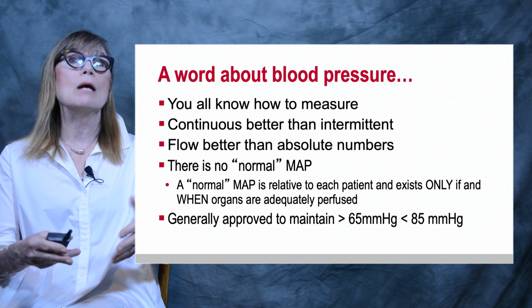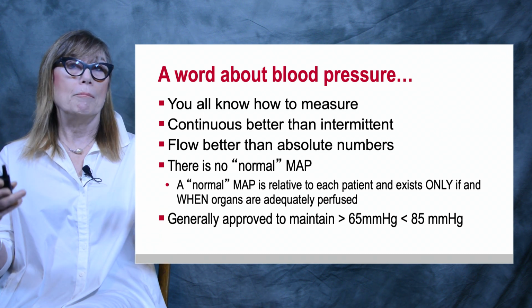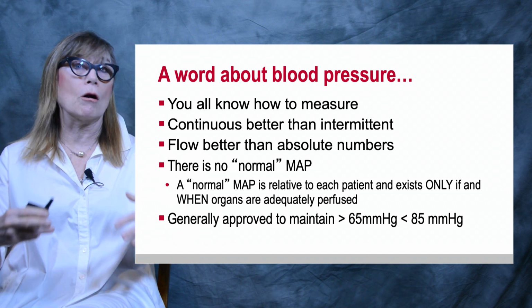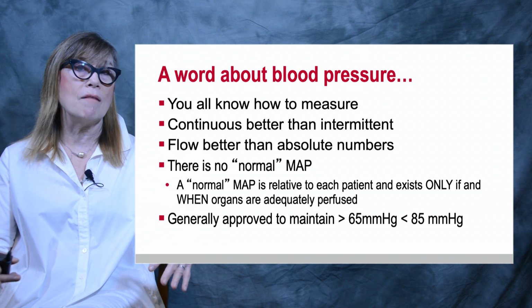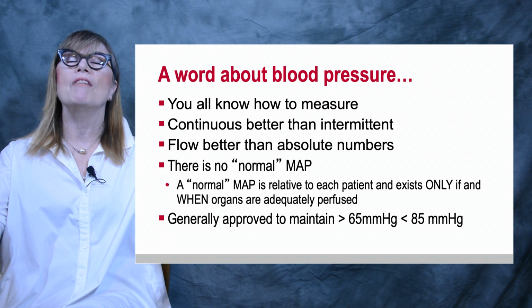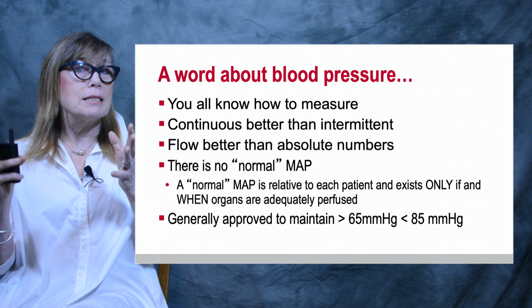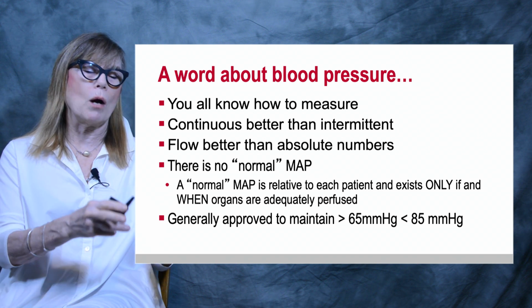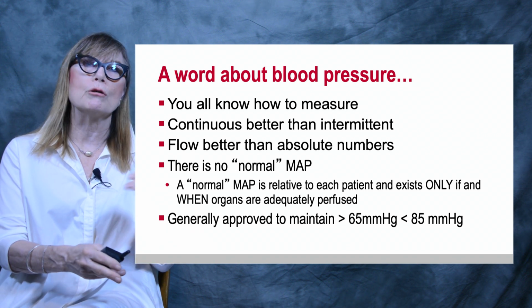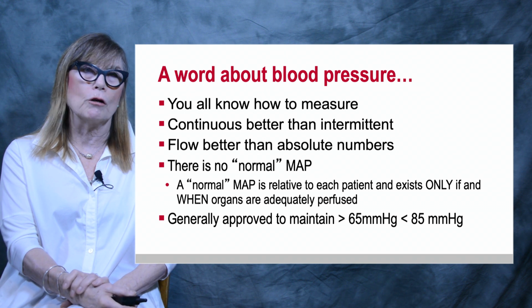So typically we will be concerned when the mean arterial pressure is less than 65 and when it's above 85. And just that nice window, 65 to 85, typically results in good perfusion and maintenance of arterial blood flow.